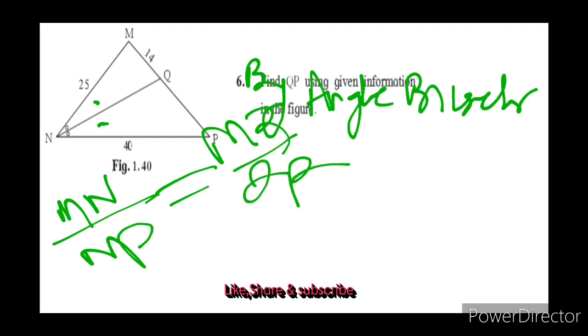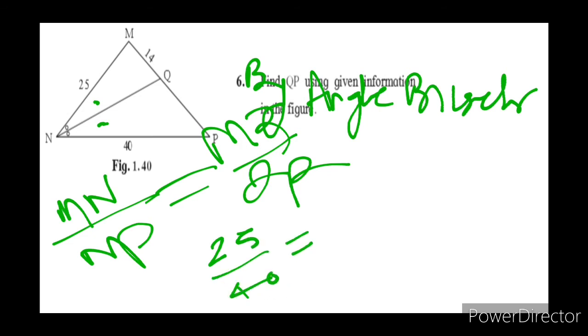So after solving we get 25 upon 40 equal to 14 upon QP.